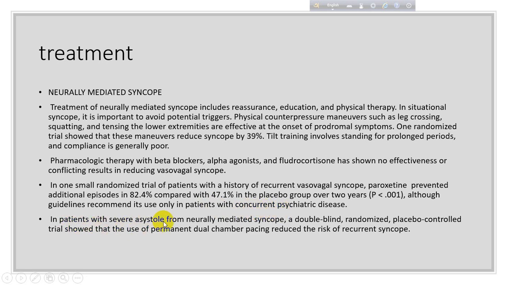In patients with severe asystole from neurally mediated syncope, a double-blind randomized placebo-controlled trial showed that the use of permanent dual-chamber pacing reduced the risk of recurrent syncope.